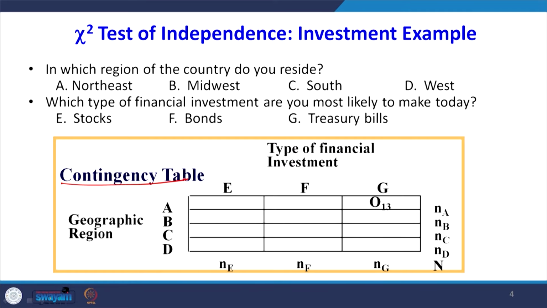See, in rows I have captured the geographic region, say northeast, midwest, south and west. In columns I have captured what type of financial investment they are going to make.